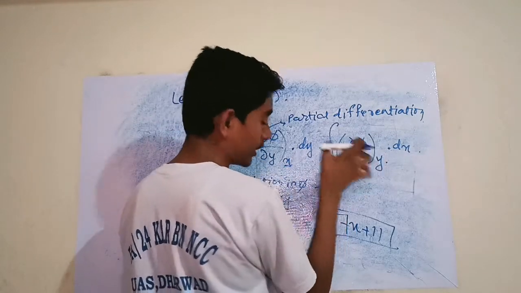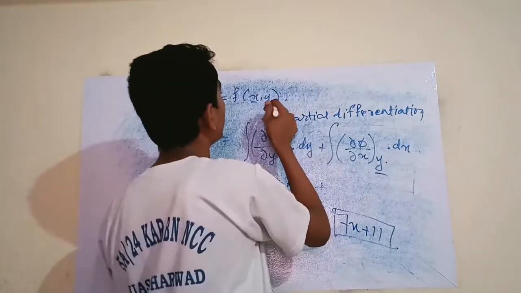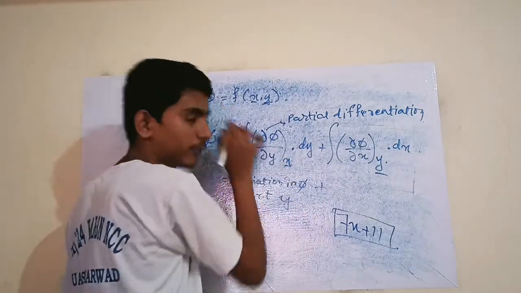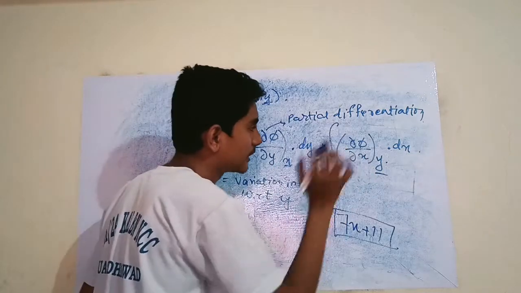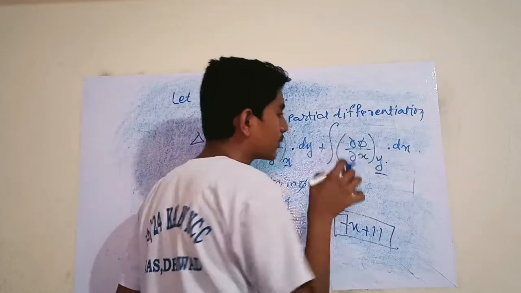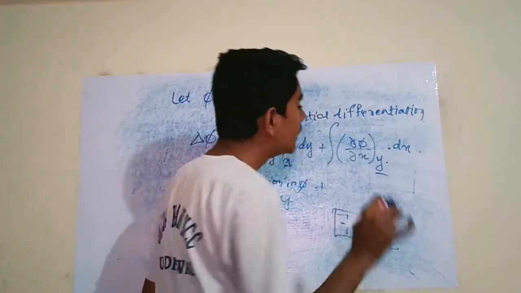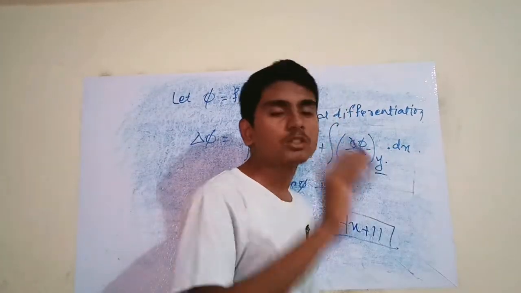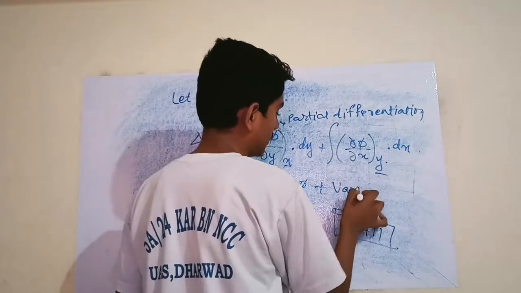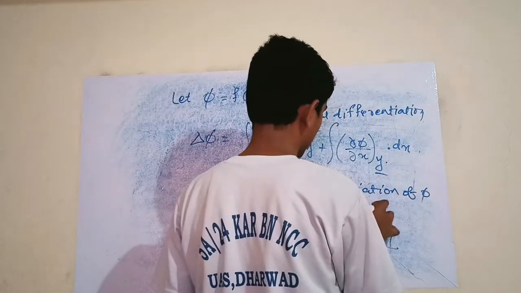Now dou phi by dou x. What is the meaning of that? Now you keep y constant and measure the variation of phi with respect to the variation of x. That is partial differentiation. Only the variation of phi with respect to x, you take that value, and this is a small variation. Now all such small values you have to integrate, and you will get the total variation of phi with respect to x.